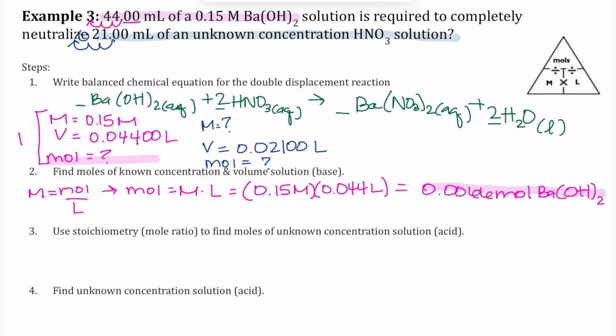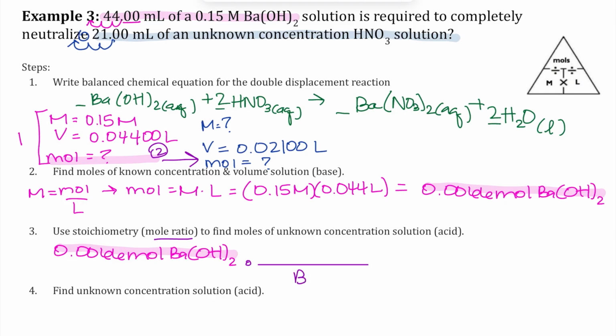So then to get from barium hydroxide to that HNO3, our second step is to do that stoichiometry, because that's going to take into account any mole ratio we might have. So I'm taking my 0.0066 moles of barium hydroxide. We want to figure out information about our HNO3 solution. And so I'm going to set that up so that I can get rid of my barium hydroxide moles on the bottom.